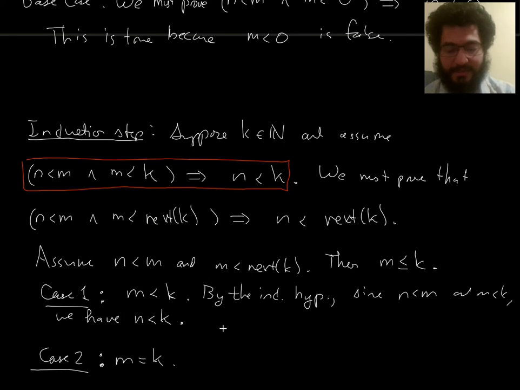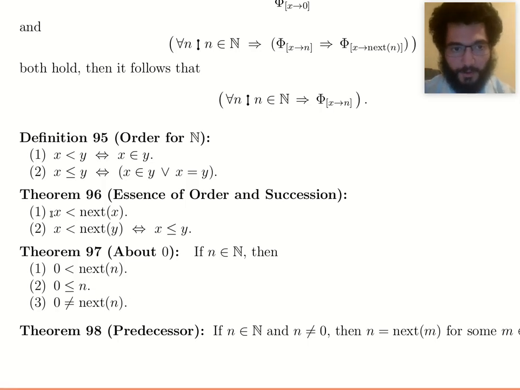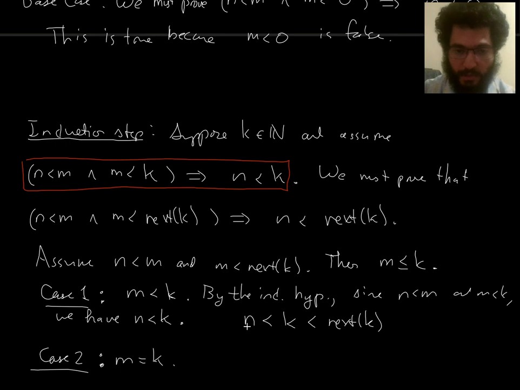Here's something that I've often heard students do at this stage of this proof. I've seen it done so many times that I now remember it. They will go, well, n is less than k, and k is less than next k, right? That's because of part 1 here. Things are always less than their own next. So, therefore, n is less than next k.